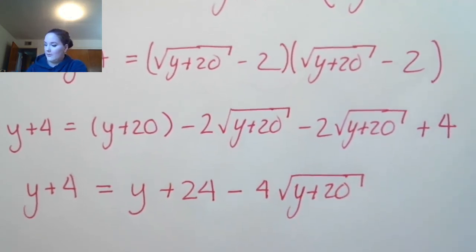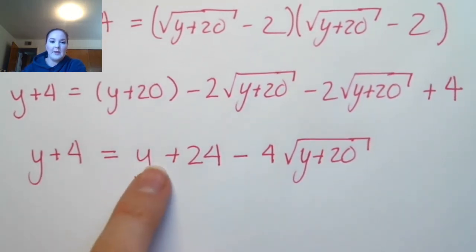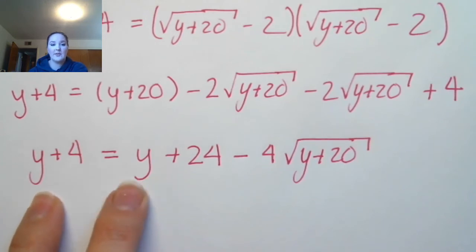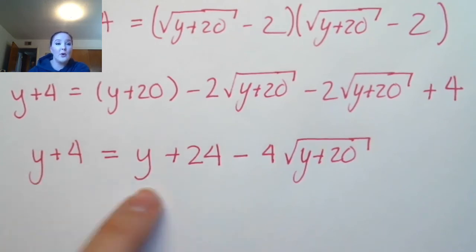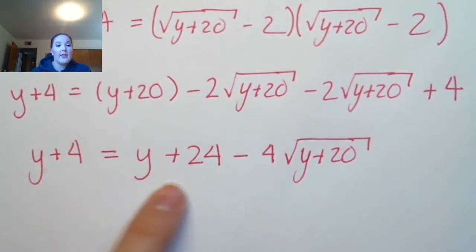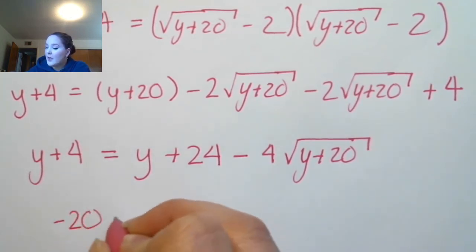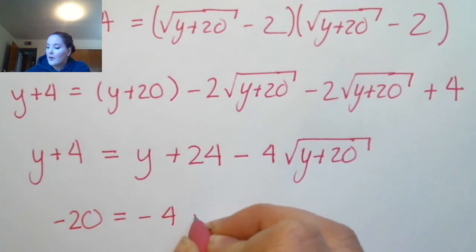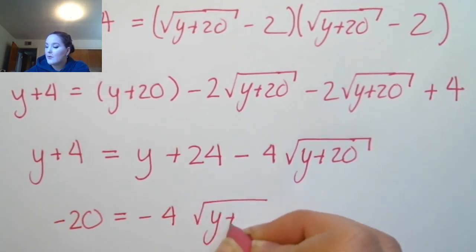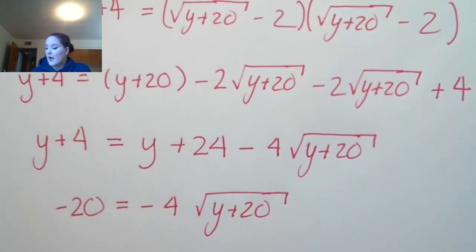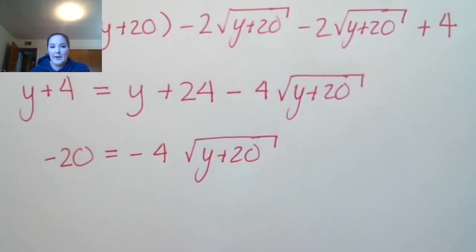I'm going to even further combine like terms. So I'm going to subtract y from both sides. That actually gives me no y's. Then I'm going to subtract 24 from both sides. That will give me negative 20 equals negative 4 square root of y plus 20. Now I'm going to divide both sides by negative 4.